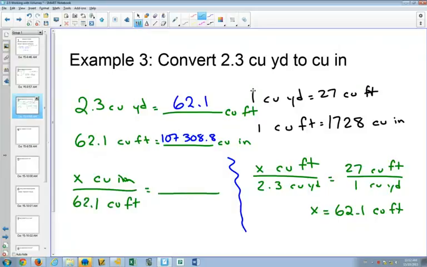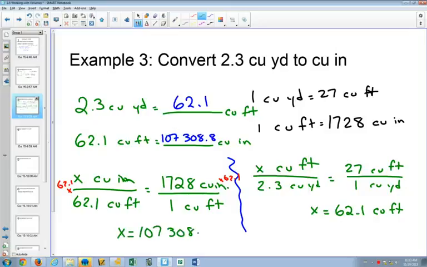What we know is that there are 1,728 cubic inches in 1 cubic foot. Multiply both sides by 62.1. And you get 107,308.8 cubic inches.